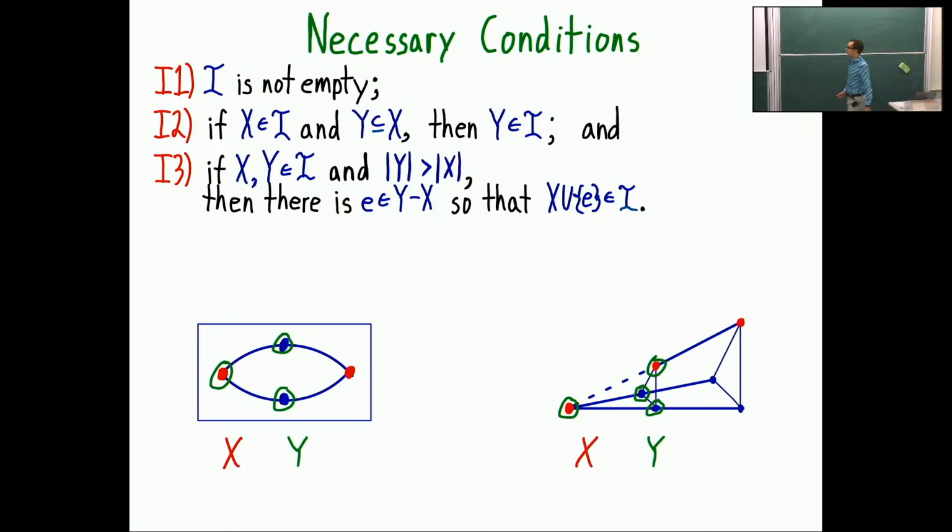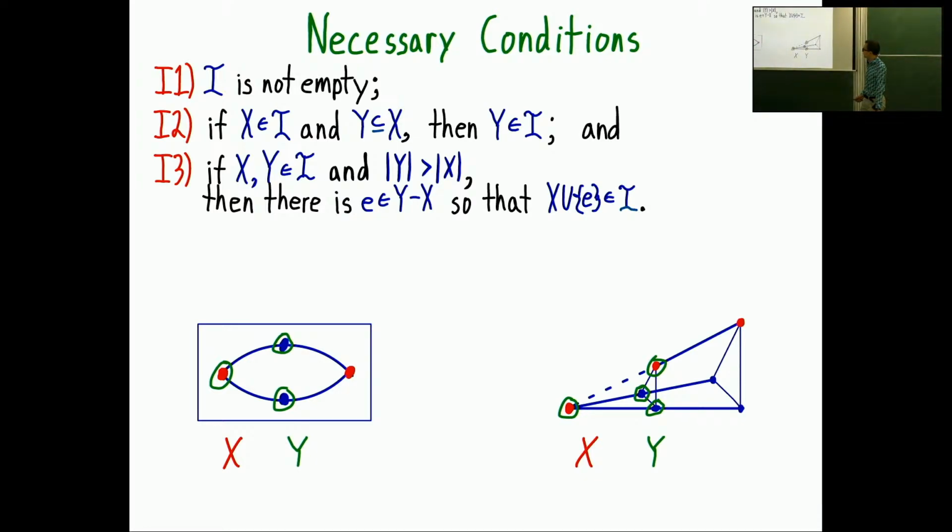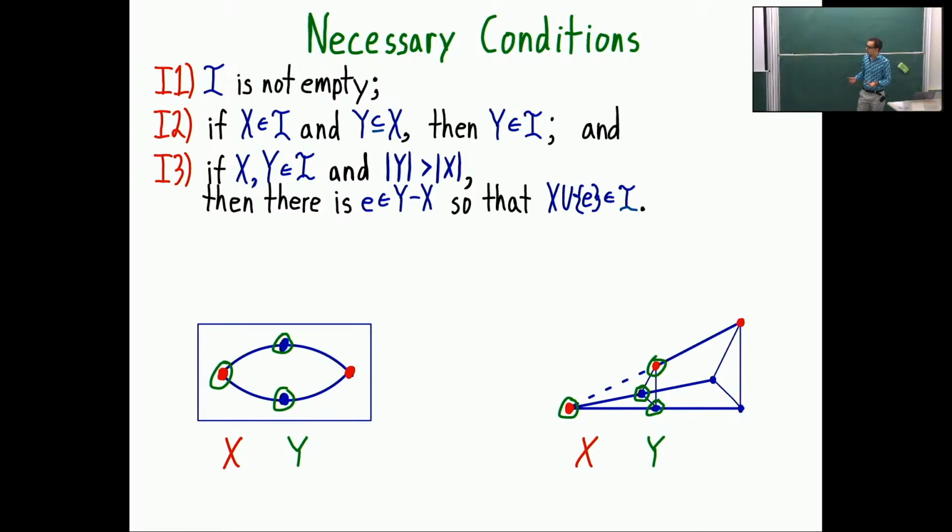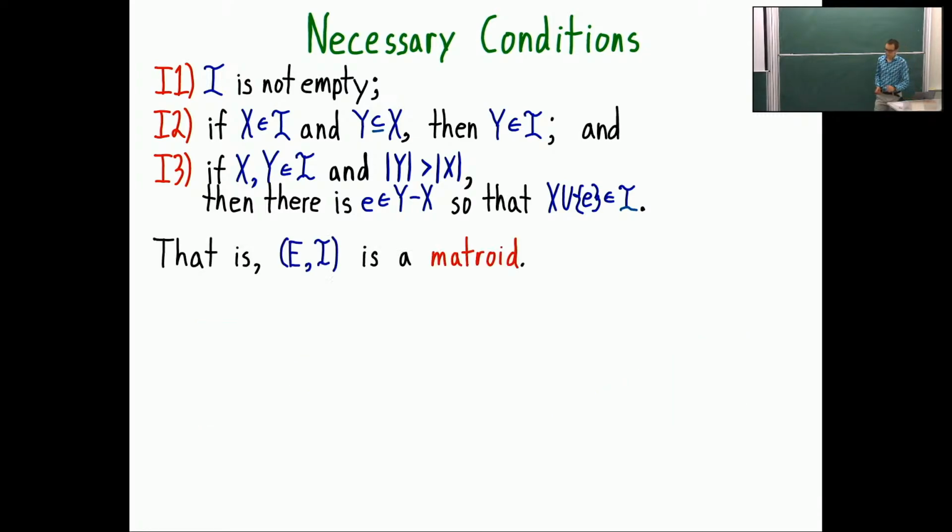Note that it does get rid of both of these, because here X's are collections of points, and in both cases we have a larger independent subset that can't be extended. So when these 3 conditions hold, the system is called a matroid.